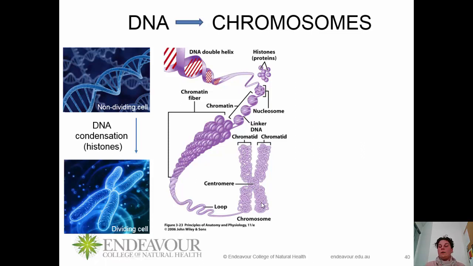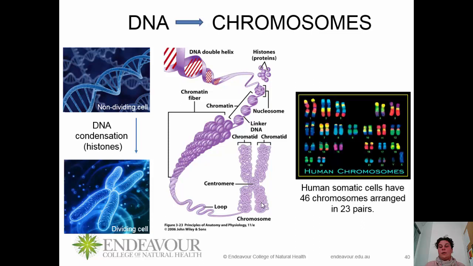Now, if you take a cell that has condensed chromosomes in it and put it under a slide, you will see something called a karyotype. In these karyotypes, you can see that there are 46 chromosomes arranged in 23 pairs, with one of each pair coming from mum and the other from dad.